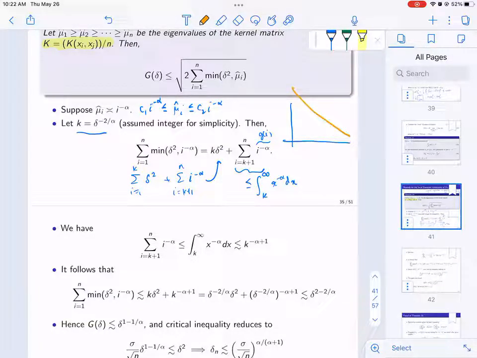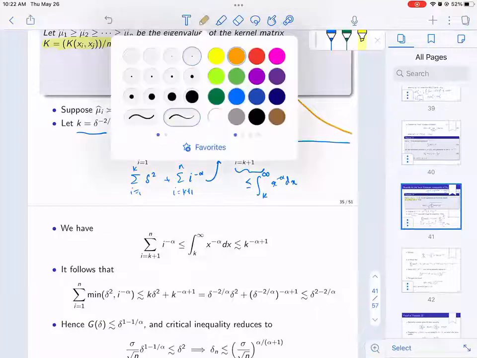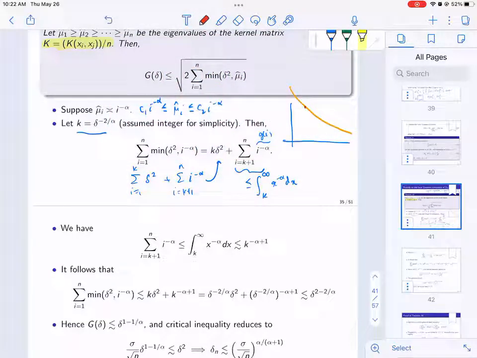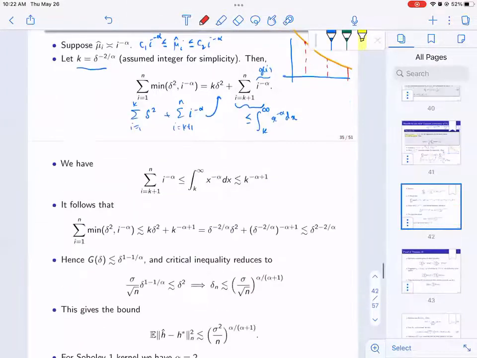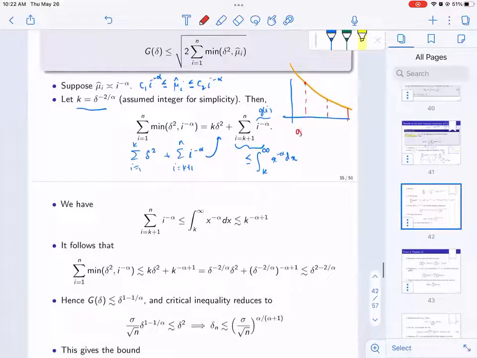say, this would be like g of 1. This would be g of 2, g of 3. If I'm trying to sum g1, g2, g3, say this is K, sort of. This is g of K plus 1, g of K plus 2, K plus 3.